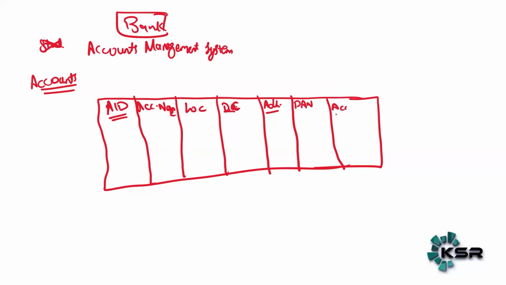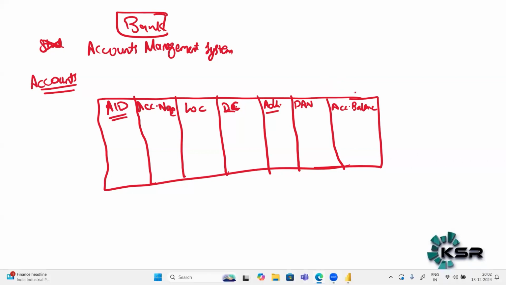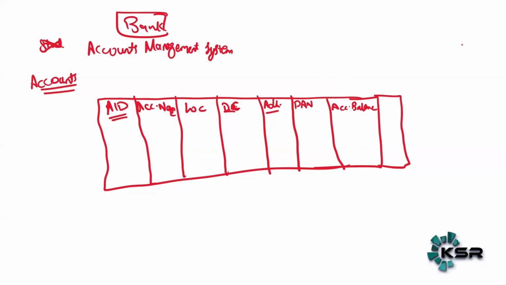What next? Type of account: savings account or current account. So these are account specific details.